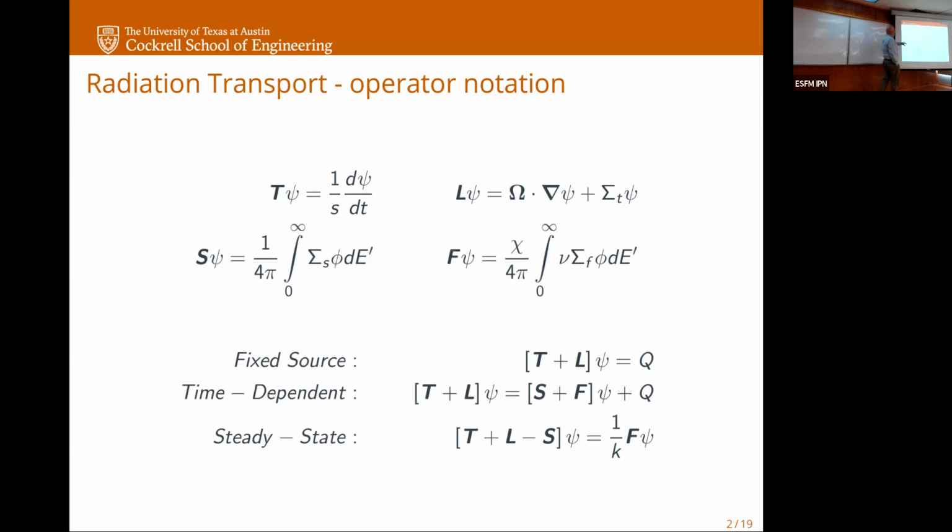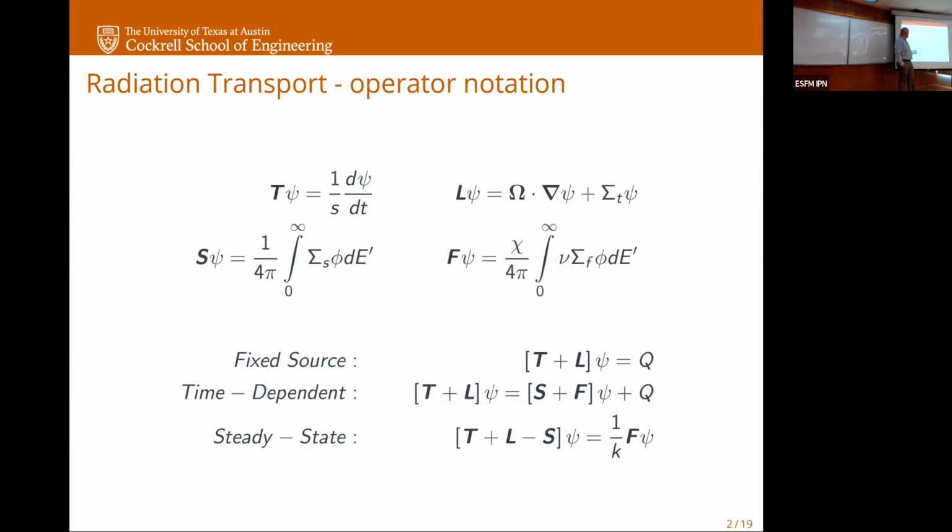And then we have 2 different sources for how they can appear at that given energy, direction, location, and time. And with those, we can define a fixed source problem, time-dependent fixed source.